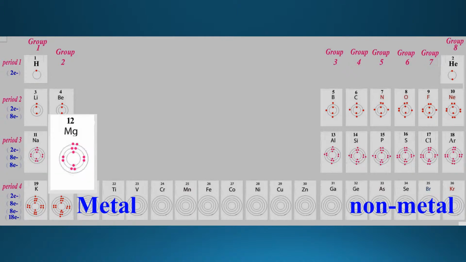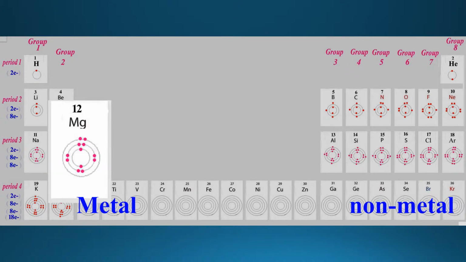Magnesium. 12 protons should have 12 electrons. And now they tend to lose the 2 outside electrons. When they lose these 2 electrons, how many electrons are left?